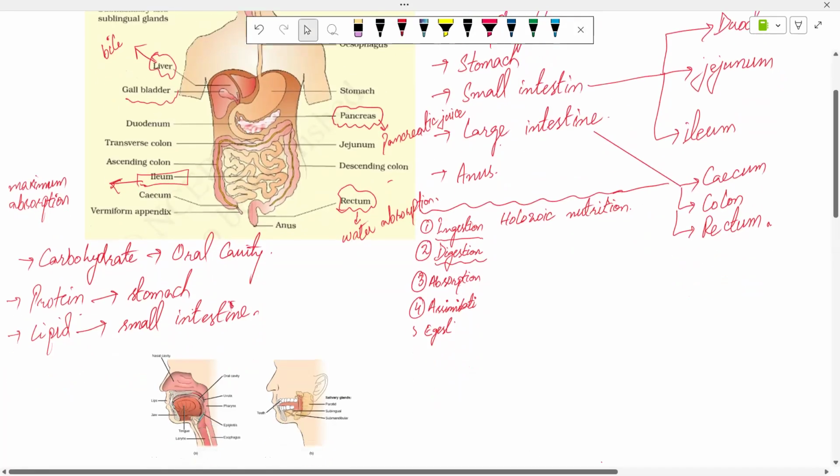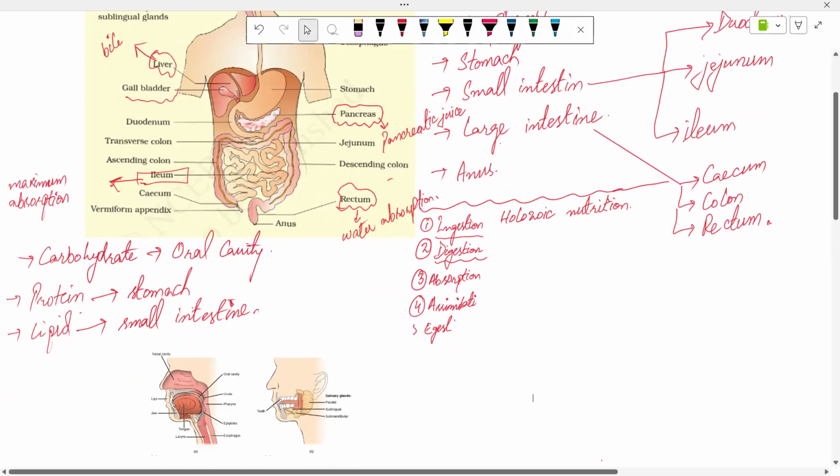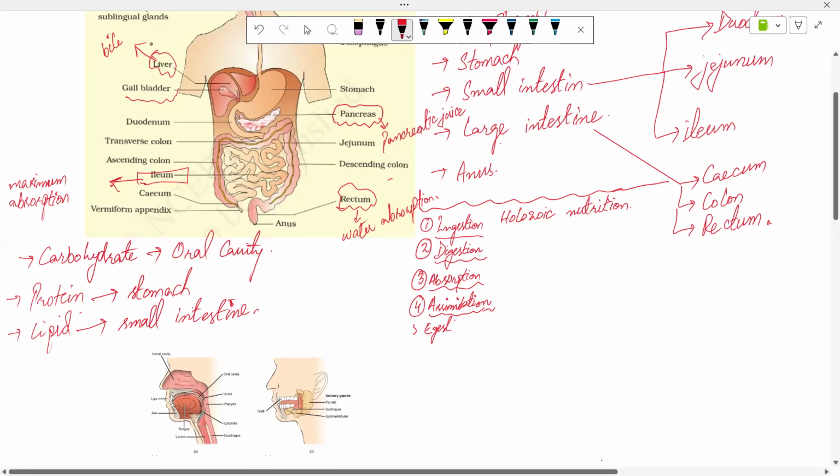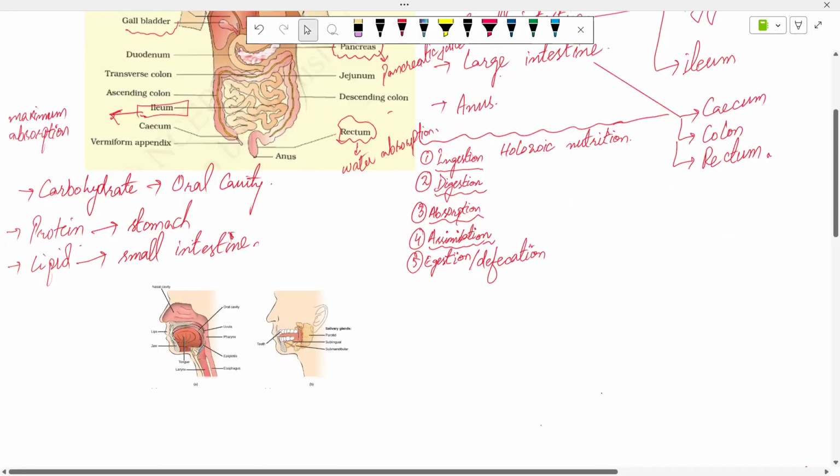And then absorption, which means absorption of diffusible molecules into the blood. And assimilation is the utilization of the absorbed food, which also includes the storage of absorbed substances. Number five, the last part, egestion. Egestion can also be regarded as defecation, that is removal of waste in the form of feces from the body.